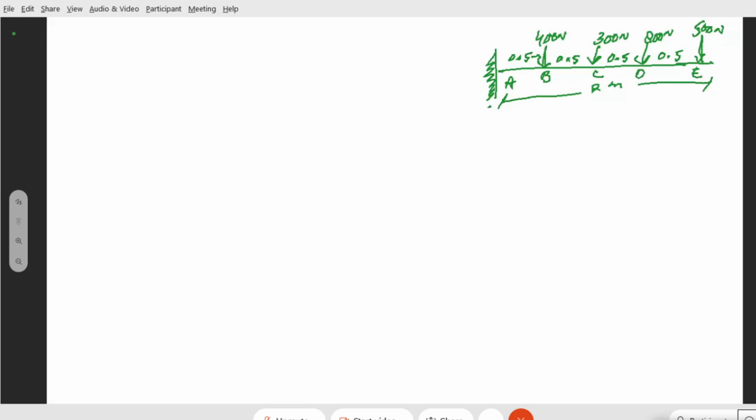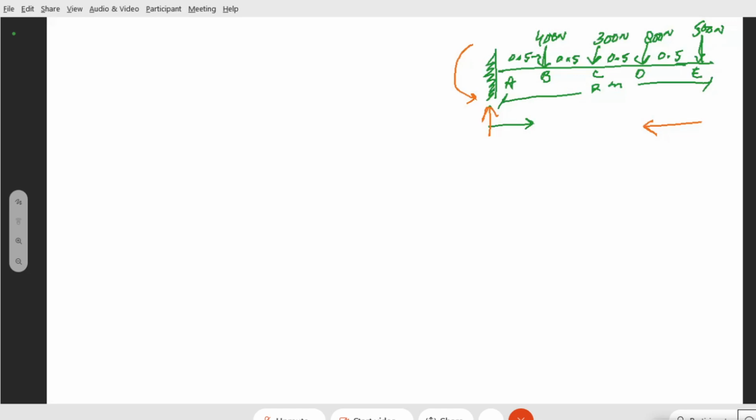First of all, when I have to draw the shear force or the bending moment diagram, if I go from A towards B, then I should be knowing the reaction and the moment as well. Now, if I don't want to calculate it as of now, I want to come from point E towards B and draw the shear force diagram accordingly.